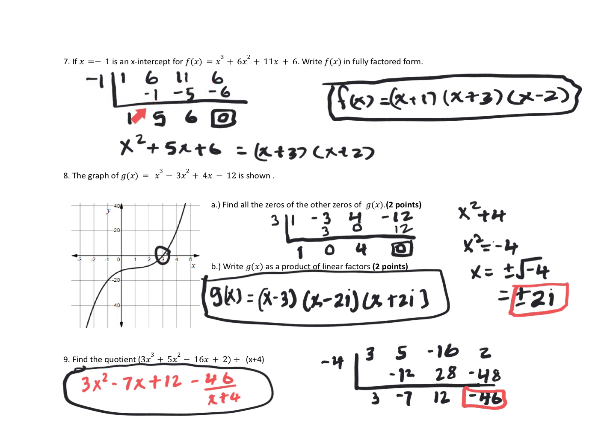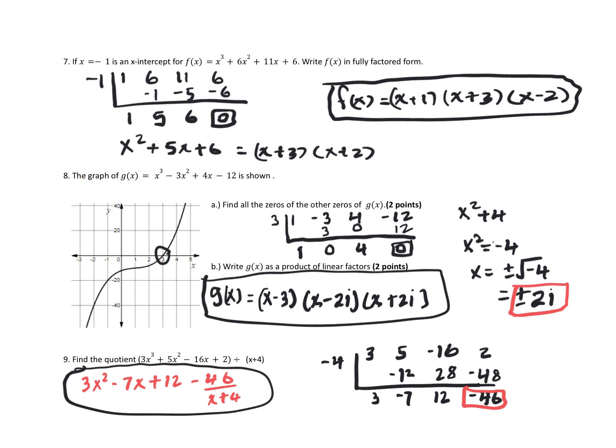These are my coefficients, which translate to this equation. Then I factor this equation. I get these two factors, and these are the two factors right here, plus the original one, x plus 1. This one comes from x minus 1. So that's the fully factored form.